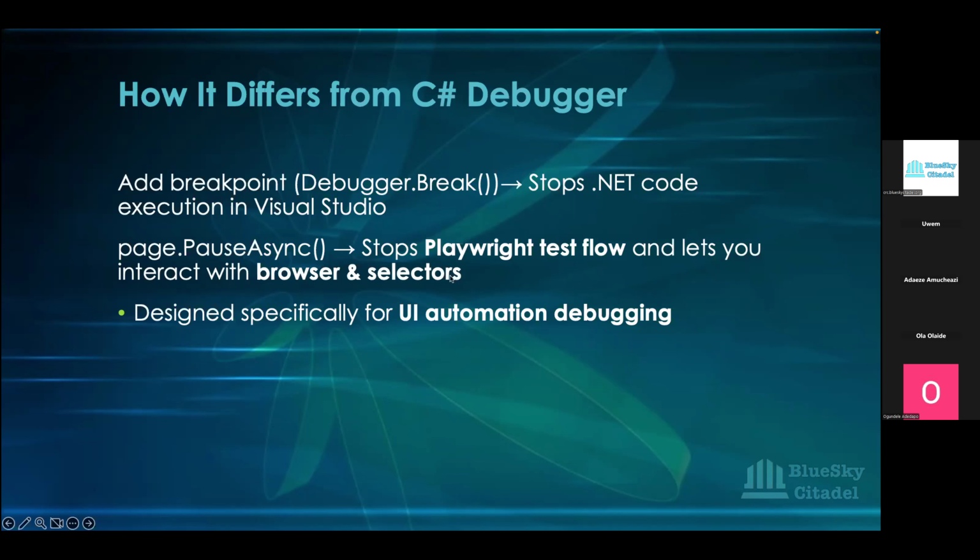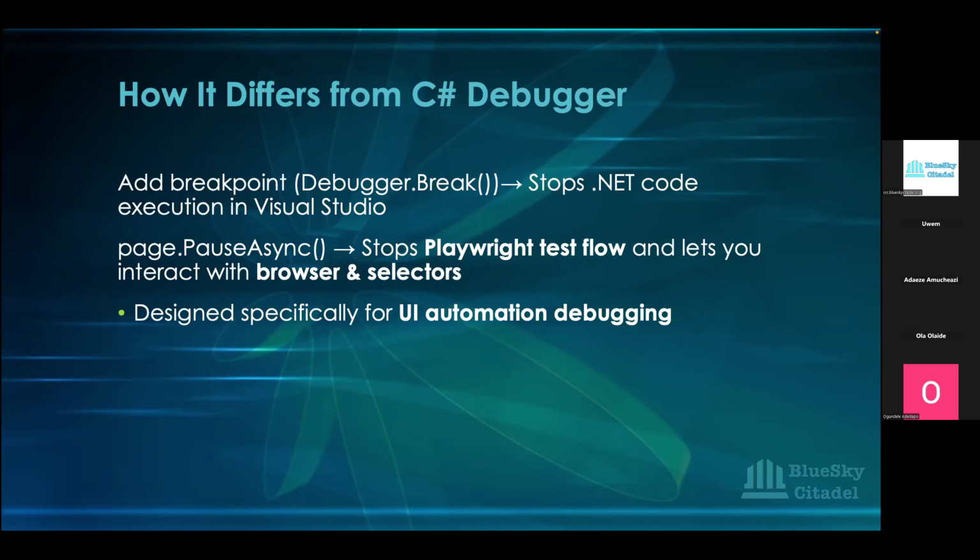For those finding it difficult to understand how Playwright selectors work, this too is very important for you to get how Playwright selectors work. In the long run, you will see that you can always customize it to your taste anyway. The pause is designed specifically for UI automation debugging.